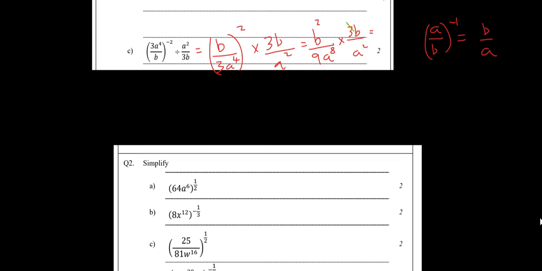The 3's go to get 3, and we're left with b cubed all over a to the 10. Okay, so we are moving on.